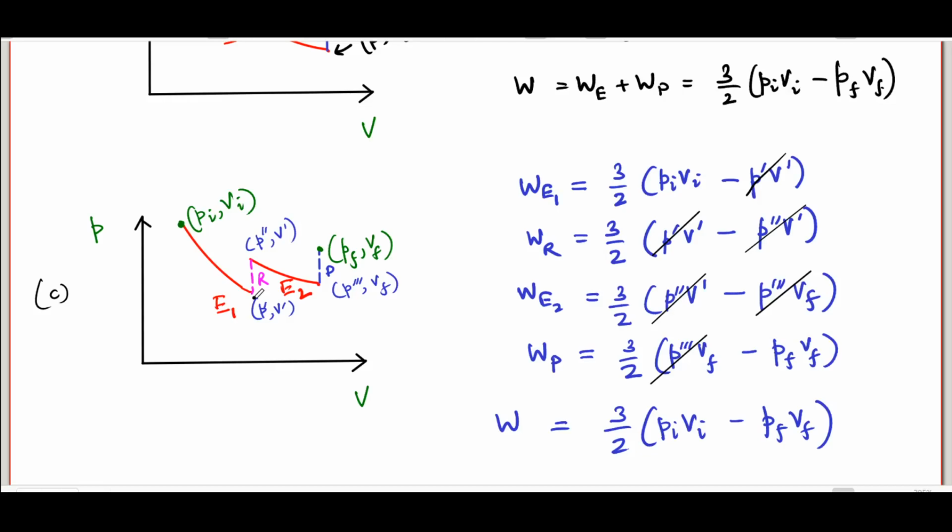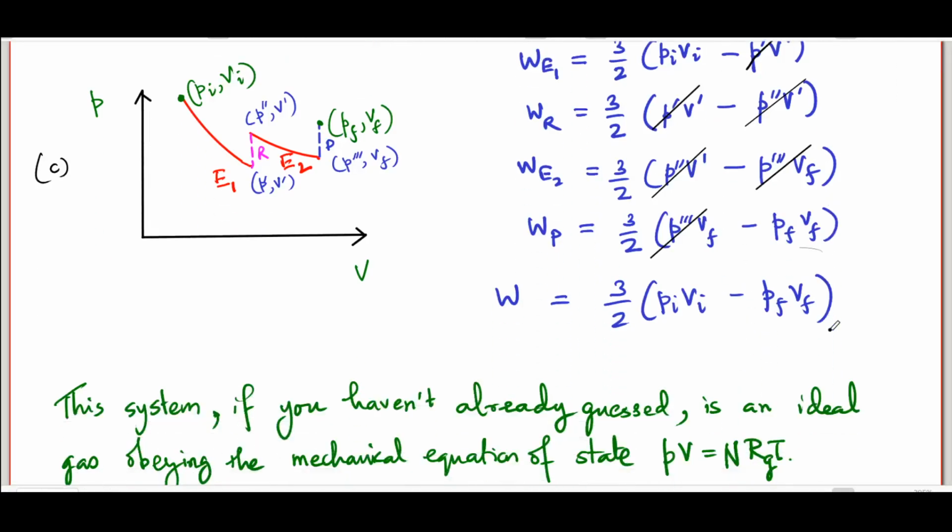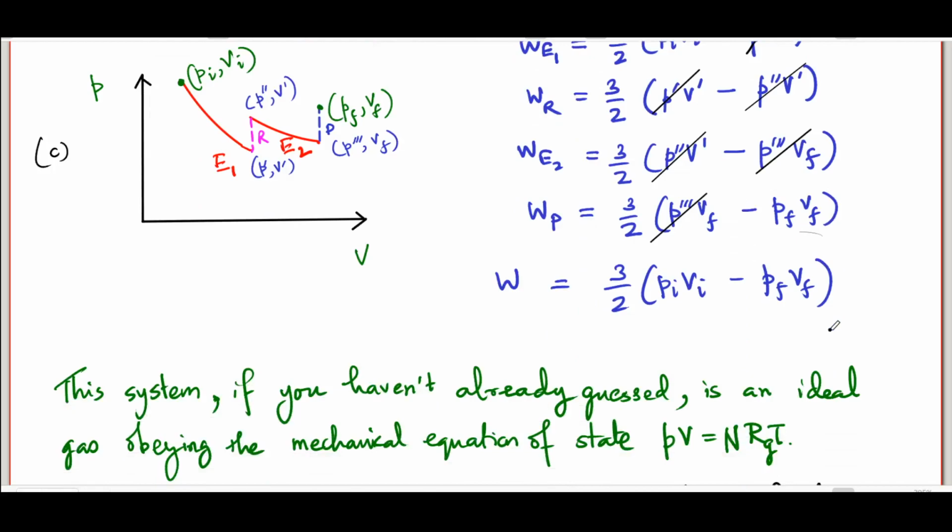Now, in case you have not already guessed, and it will be very difficult not to guess this because I've actually mentioned this already, the system that we are talking about is an ideal gas which obeys the equation PV equals n Rg T. Here I have written Rg for the universal gas constant simply to differentiate it from the resistance. n, of course, is the number of moles of the system, and T is the ideal gas temperature scale temperature.